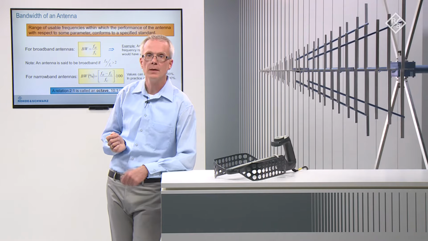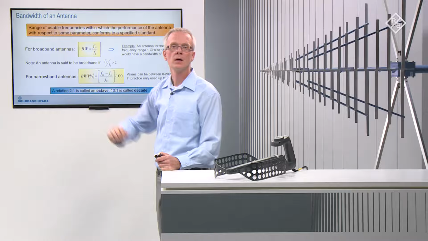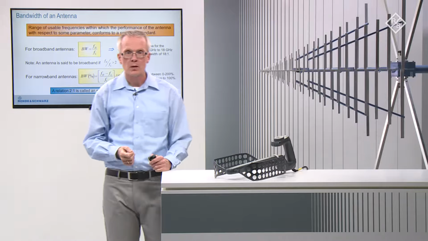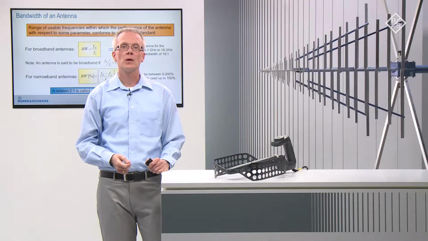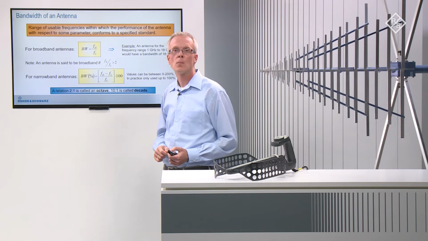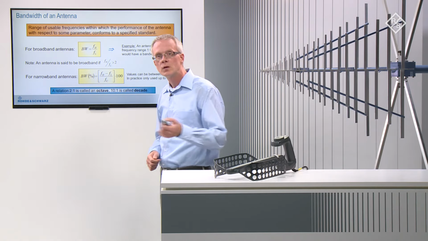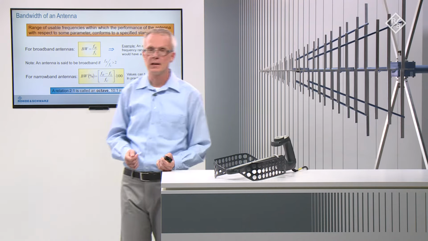Bandwidth is then defined as the ratio of highest and lowest usable frequency. An antenna is said to be broadband if this ratio is greater than 2. There is also a bandwidth definition for narrowband antennas, which is shown in the formula below. Values here are specified in percent and theoretically range from 0 to 200%.